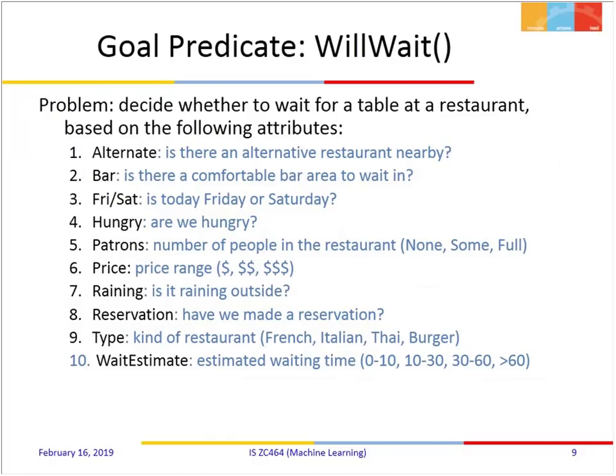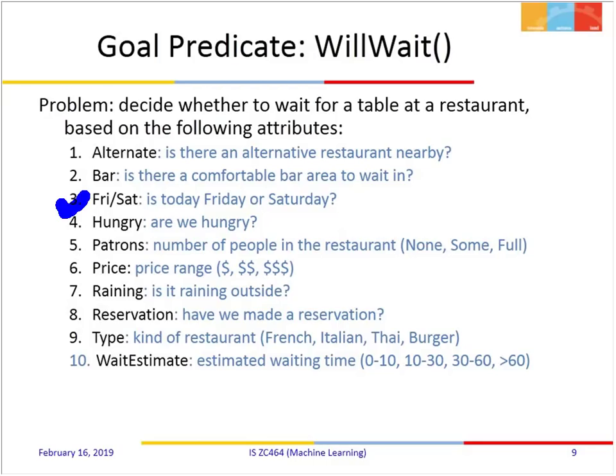It is an interesting problem where certain attributes were collected, and it was obtained whether the person had to wait for a table at a restaurant or not. The attributes are defined like this: alternate, is there an alternate restaurant nearby? Bar, and so on. This example is picked up from the Artificial Intelligence book by Russell and Norvig. If you have access to that, you can go through that. Otherwise, this discussion is sufficient.